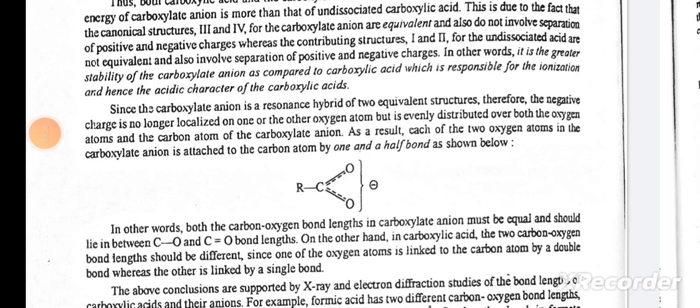Since the carboxylate anion is a resonance hybrid of two equivalent structures, the negative charge is no longer localized on one or the other oxygen atom but is evenly distributed over both the oxygen atoms and the carbon atom of the carboxylate anion. As a result, each of the two oxygen atoms in the carboxylate anion is attached to the carbon atom by a 1.5 bond as shown below.